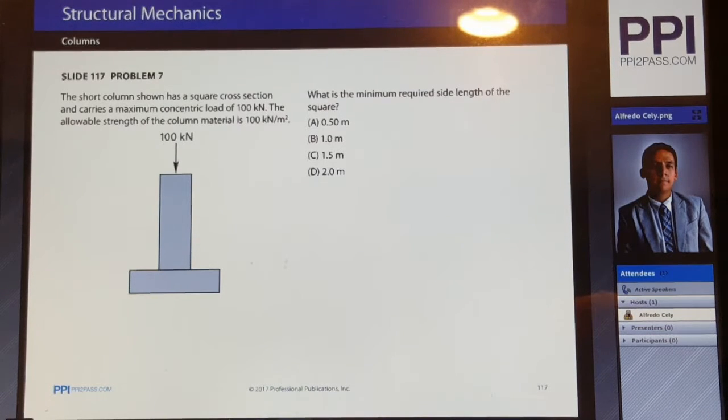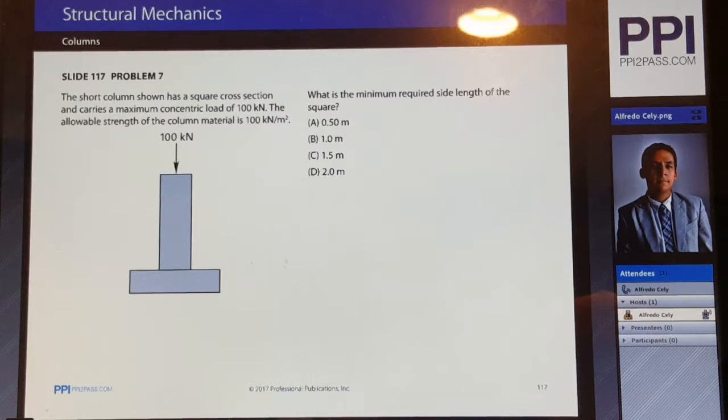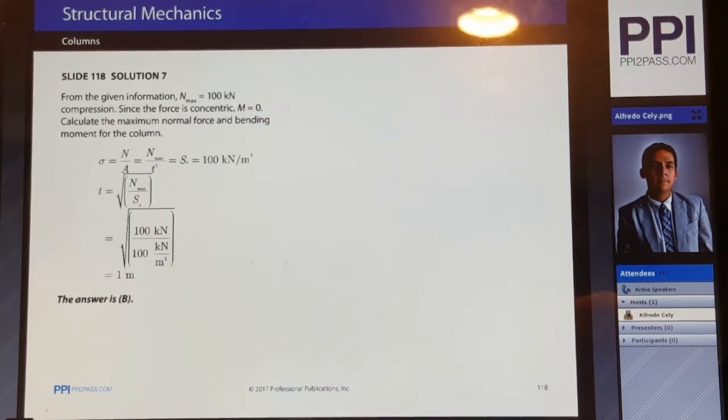So let's go through the solution. From the information that we were provided, we know that the maximum concentric load, or maximum allowable strength of the column, is 100 kilonewtons, being compression.